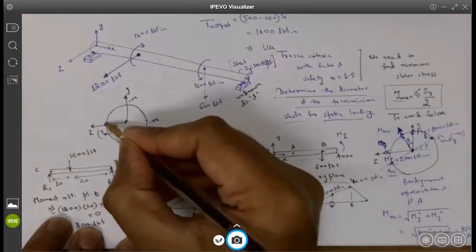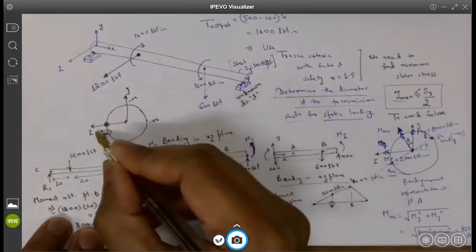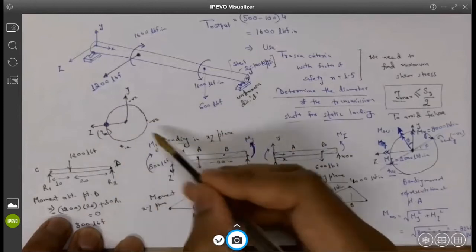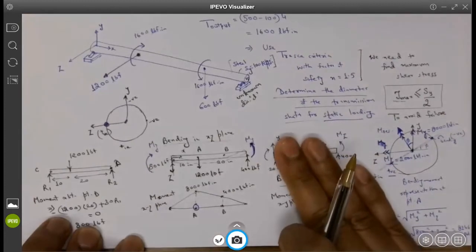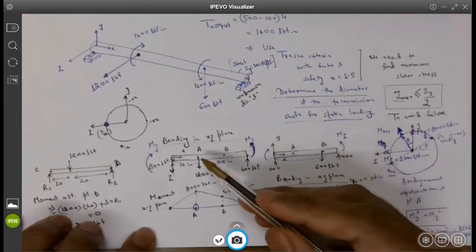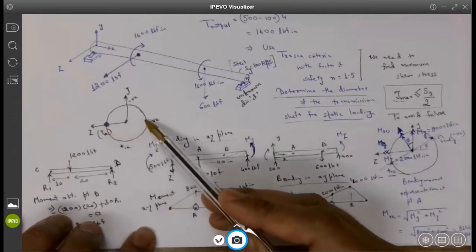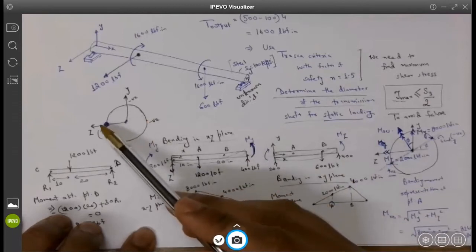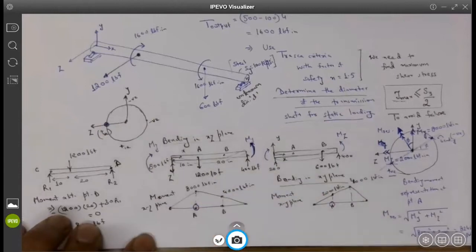This will be in tension, this will be in compression, right? This is what we have basically discussed a while ago. If only this 1200 pound force is existing, then this will be positive and this will be negative. Maximum bending stress would be occurring here, and this is the negative compression stress.